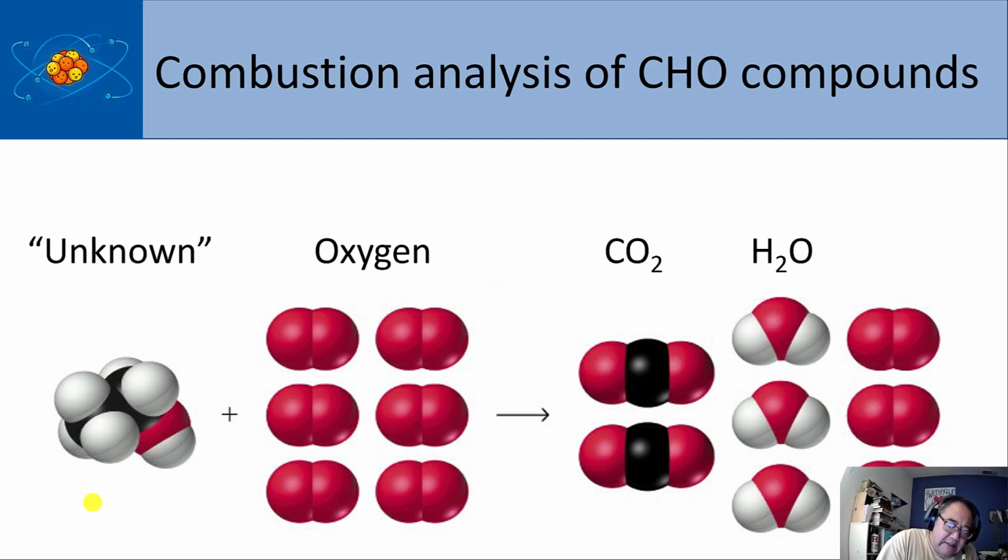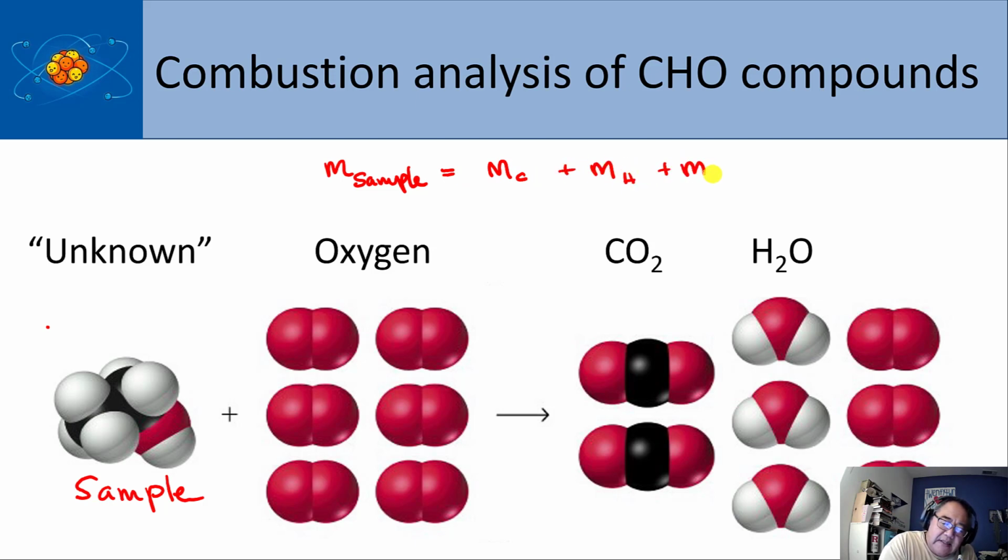So let's say this is our sample down here. The mass of the sample is going to be equal to the mass of the carbon plus the mass of the hydrogen plus the mass of the oxygen, assuming those are the only things that are there.